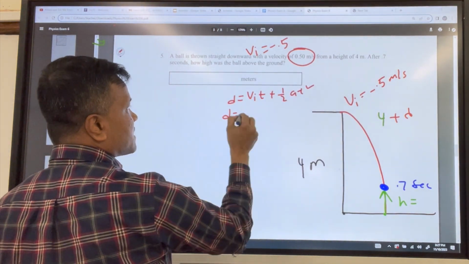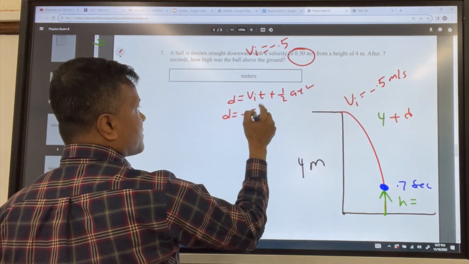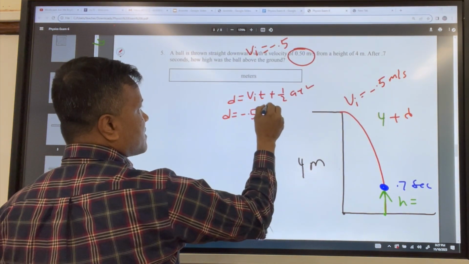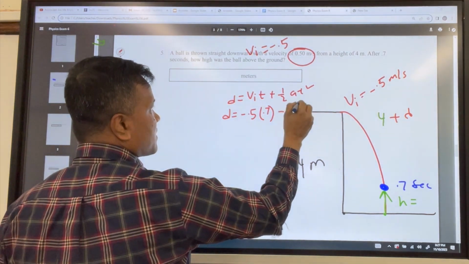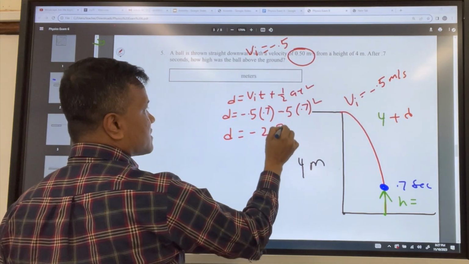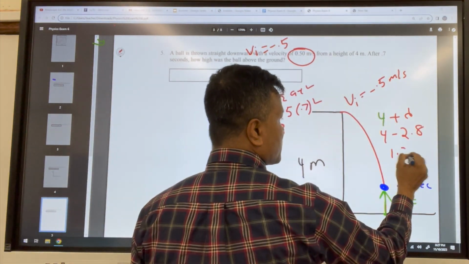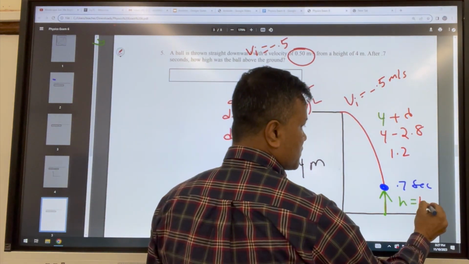Vi is of course negative 0.5, times 0.7, minus 5 times 0.7 squared. So d is negative 2.8. So 4 minus 2.8 is 1.2. So this is 1.2 meters.